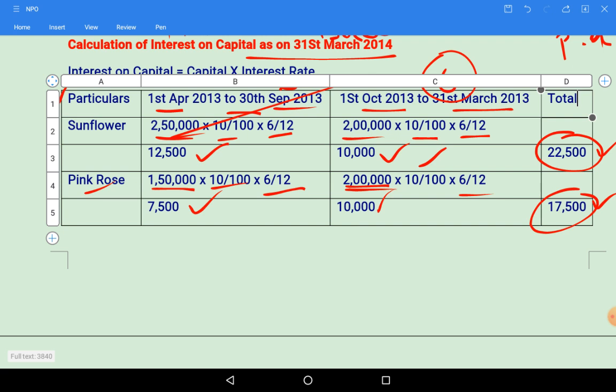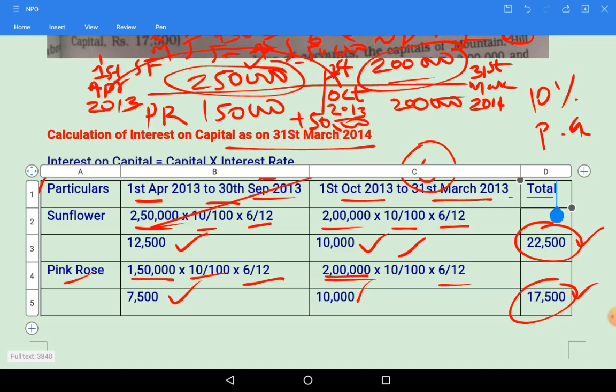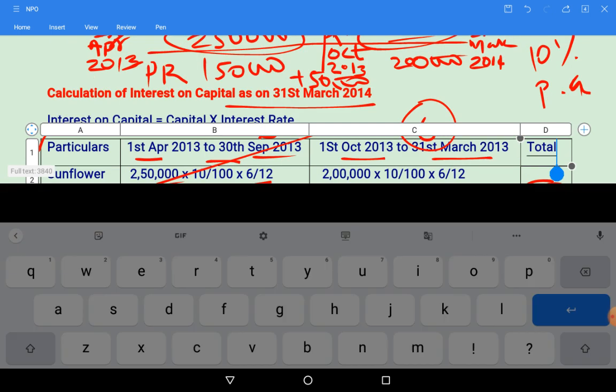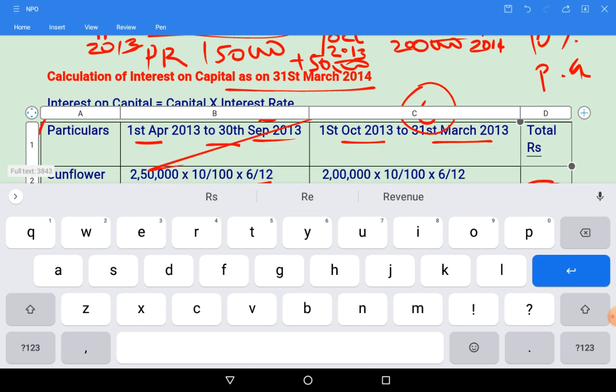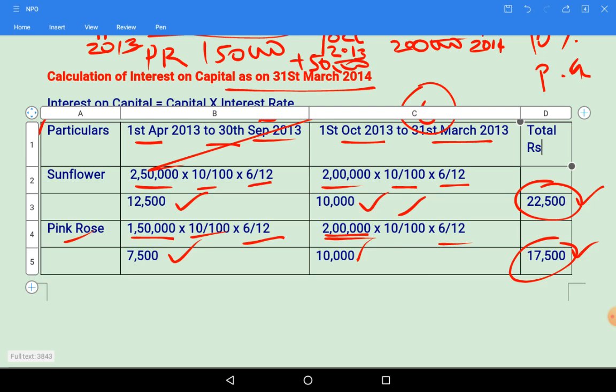And remaining period, you are having 2 lakhs each, 2 lakhs into 10% into 6/12 remaining period interest. Like that, we need to calculate the interest on capital periodically. Total rupees. Okay, hope you have understood.